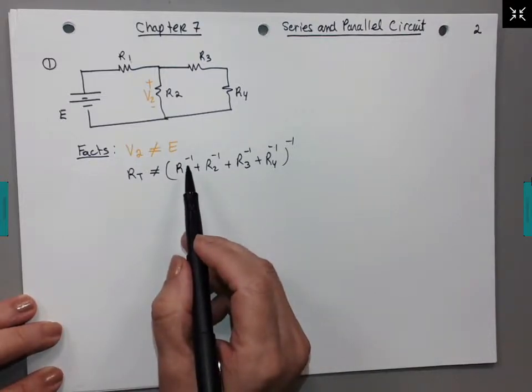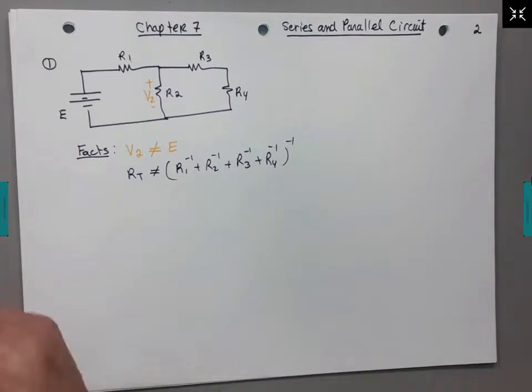All right? So when I get circuits like this, the first thing I do is figure out what my current is doing. And we're going to use different colors so that we can see what my current is doing. Remember, in a series circuit, my currents are the same. In a parallel circuit, they split.